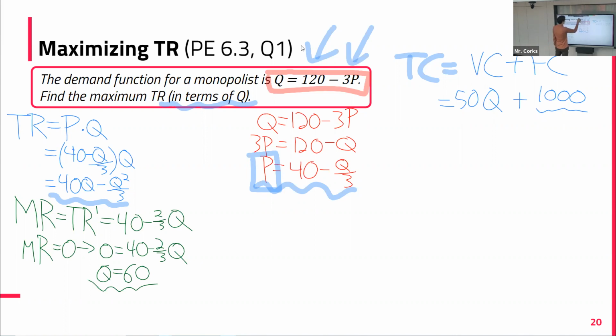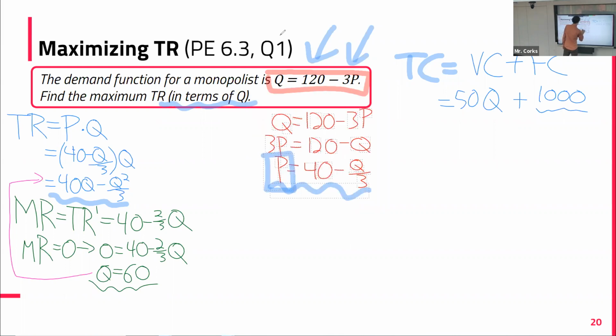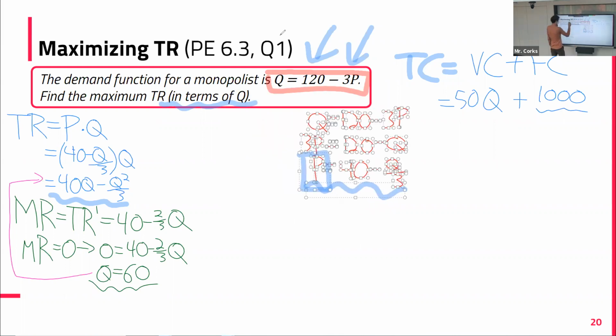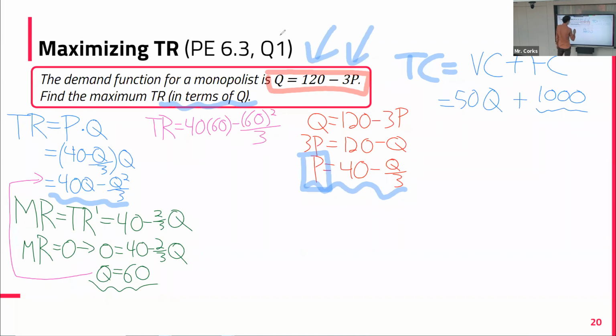But we want the actual value here. So again, we take this Q value and substitute it into our total revenue equation. Total revenue is 40 times 60 minus 60 squared over 3.